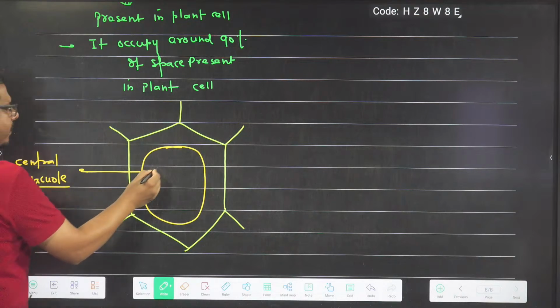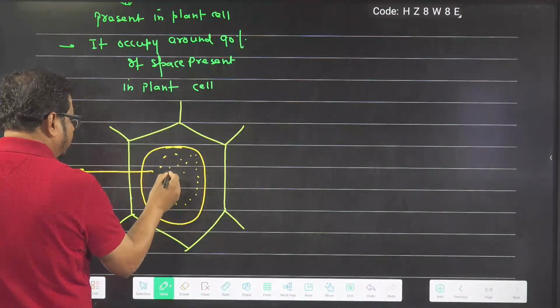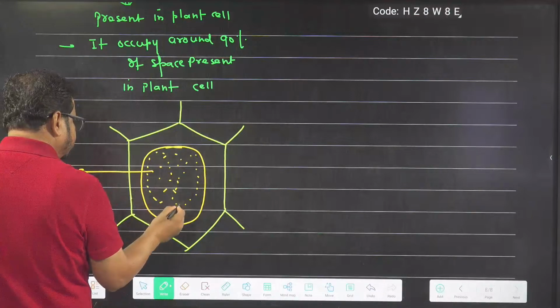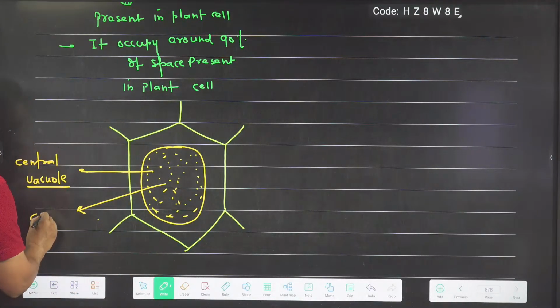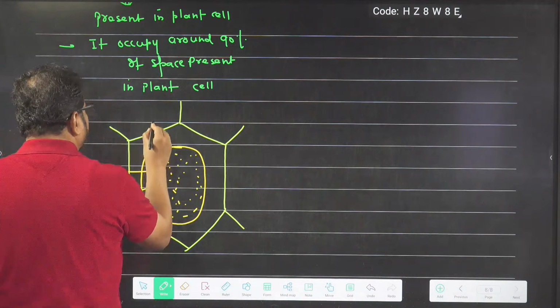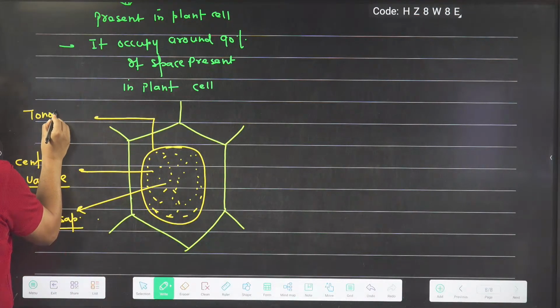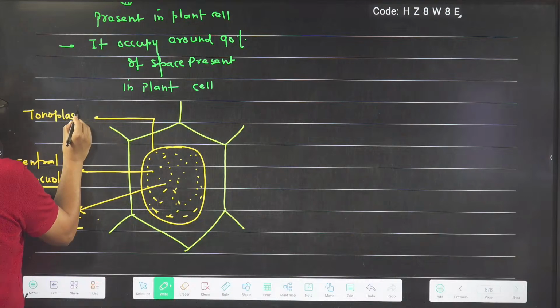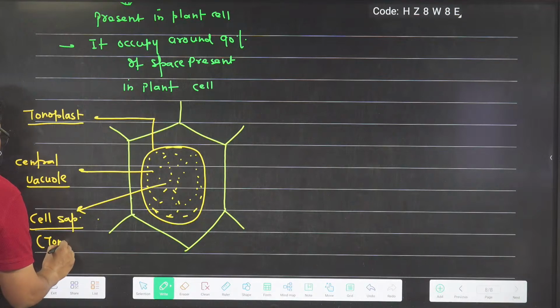The fluid present inside the vacuole is called cell sap. And the membrane of the vacuole is called tonoplast. And the fluid cell sap is also called tonoplasm.